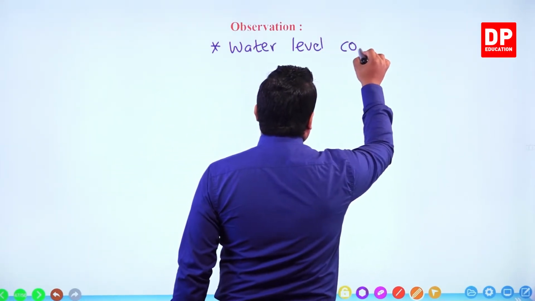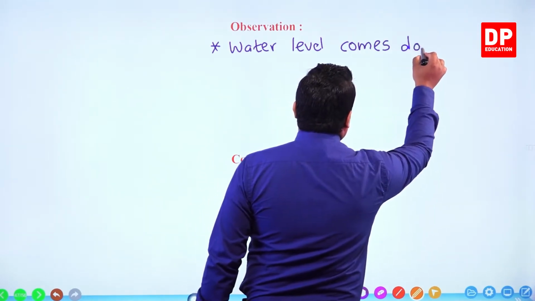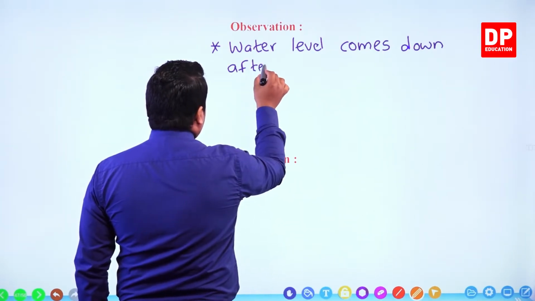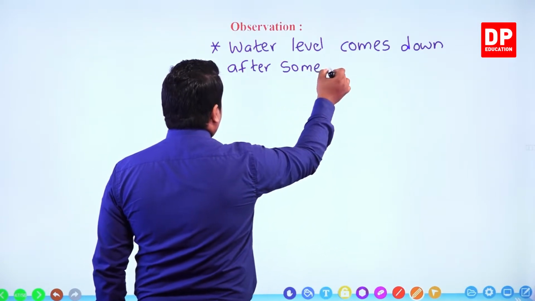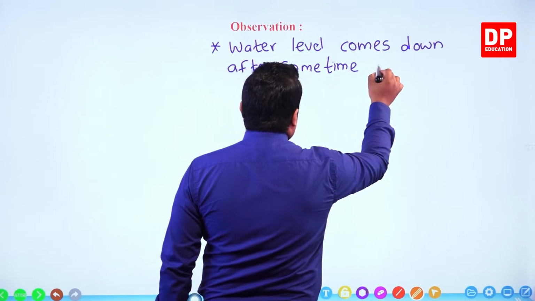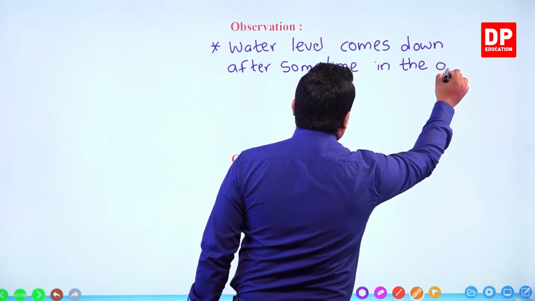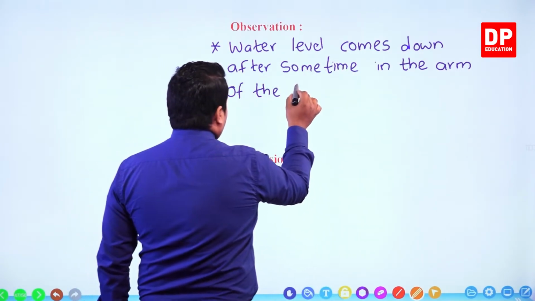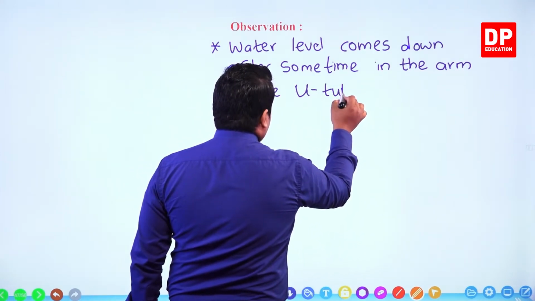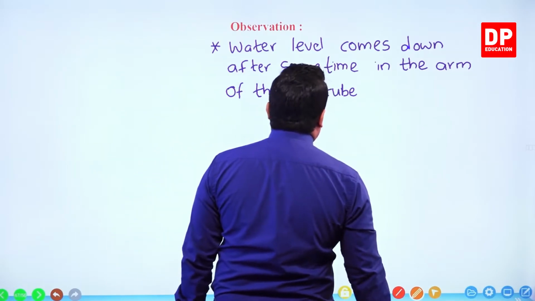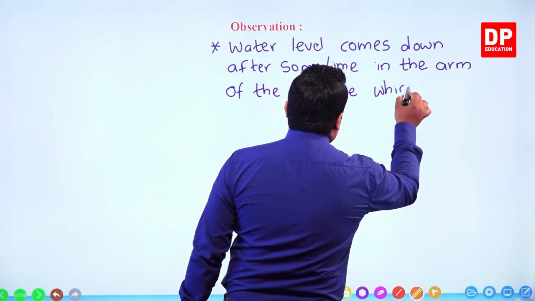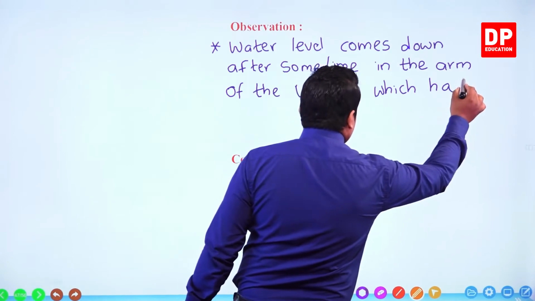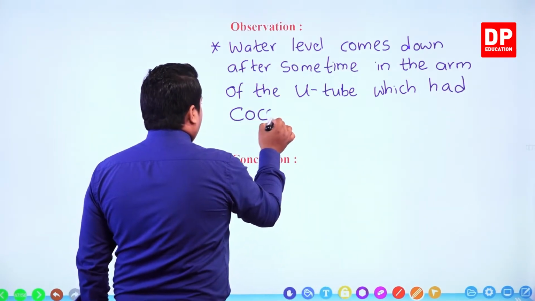Water level comes down after some time in the arm of the U-tube which had coconut oil.